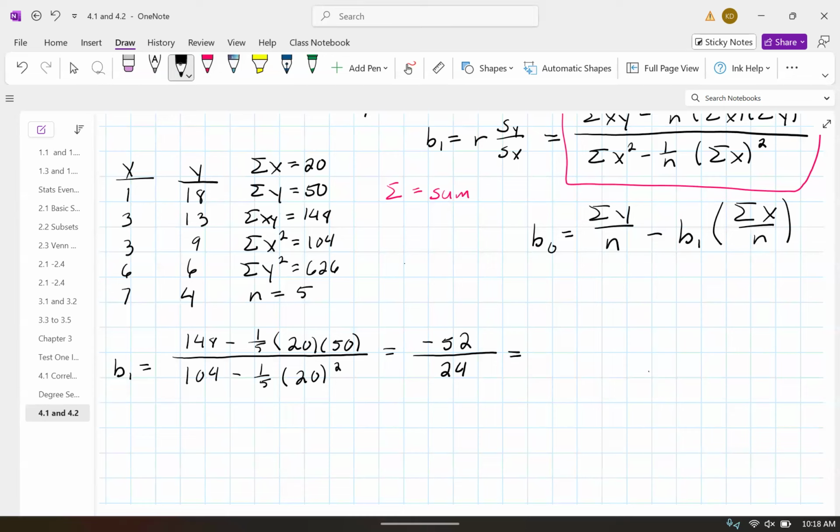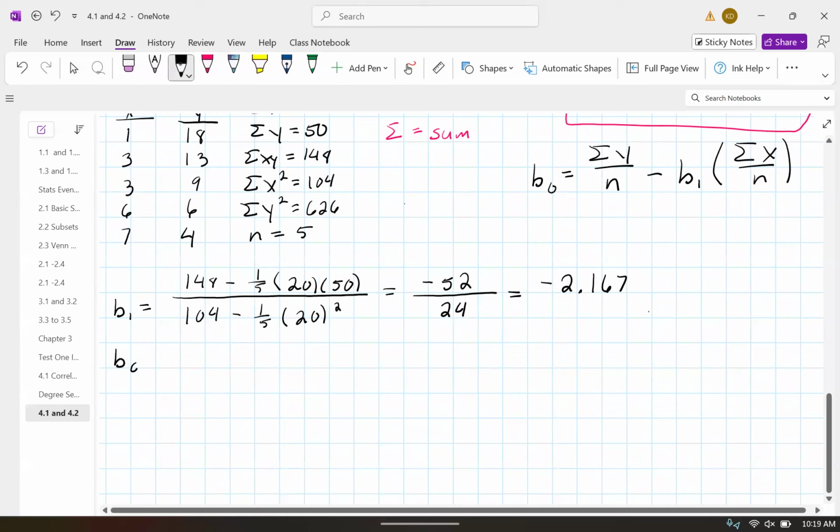So it looks like it's going to be 2 and a bit, which is what I have. Negative 52 over 24. We probably want a decimal for these. Negative 2.167. I'm going to go out 3 decimals just because. So that's our B1.